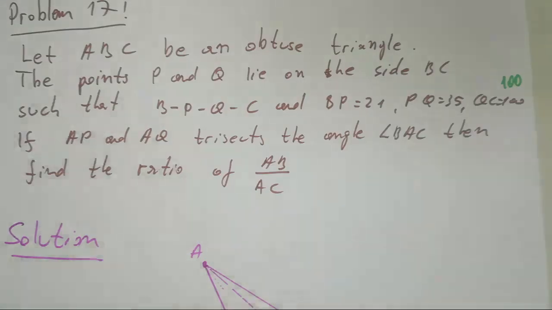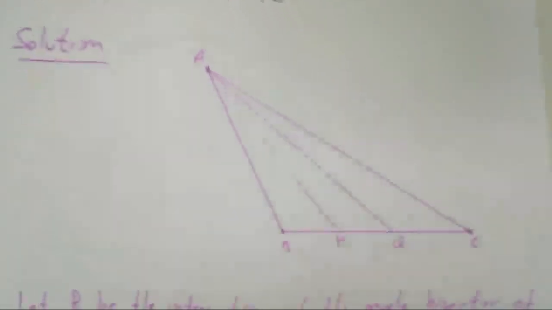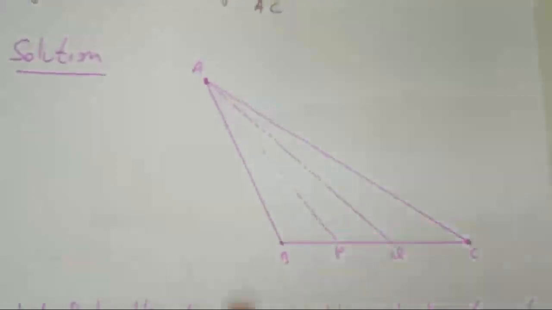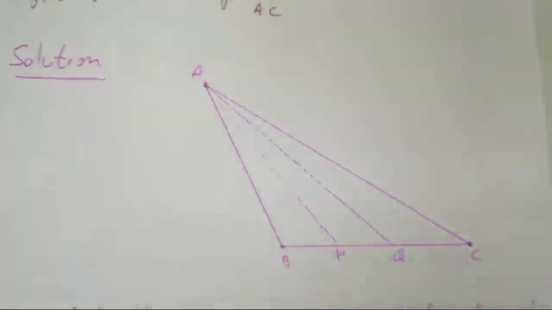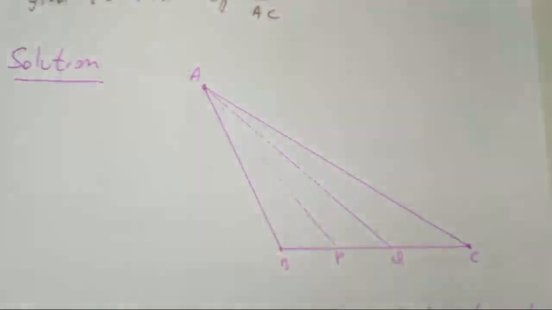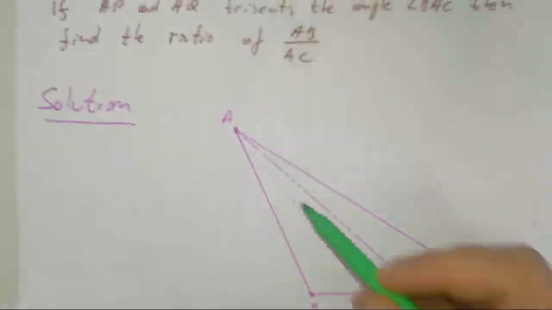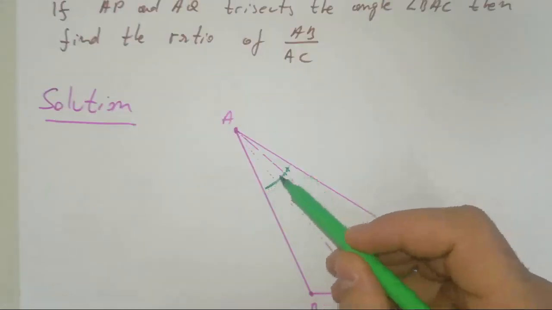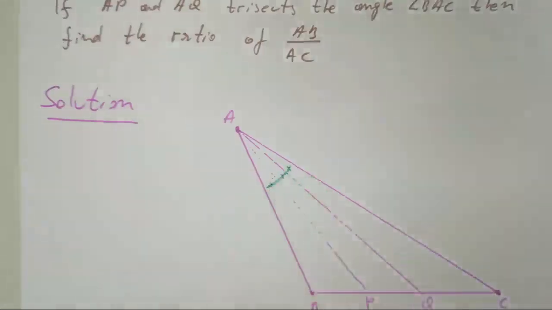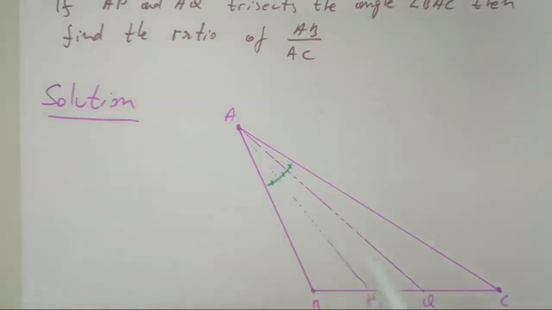Right, let's try to solve this problem now. First, we will sketch it. It said we need to have an obtuse triangle, so ABC, like this. These three angles are equal, because it said that AP and AQ trisect the angle there.